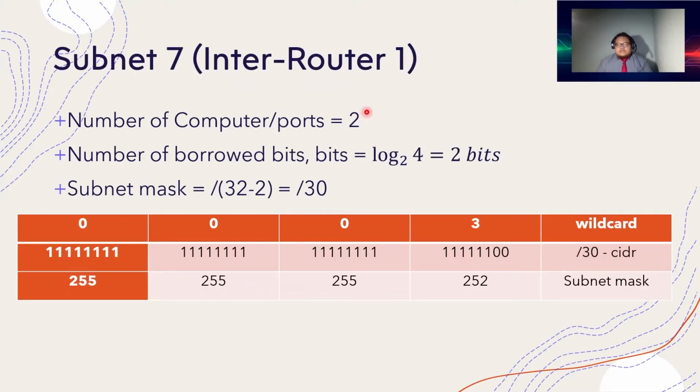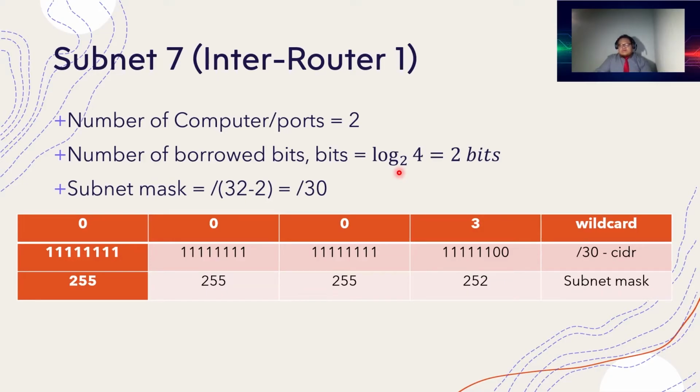Next is subnet 7, which is inter-router 1. Inter-router 1 requires only 2 ports, and the number of borrow bits that we're using is log2 4. The reason why we are not using log2 2, even though log2 2 could be used because it matches the number of ports, is that if we use log2 2, we will only get 2 IP addresses.